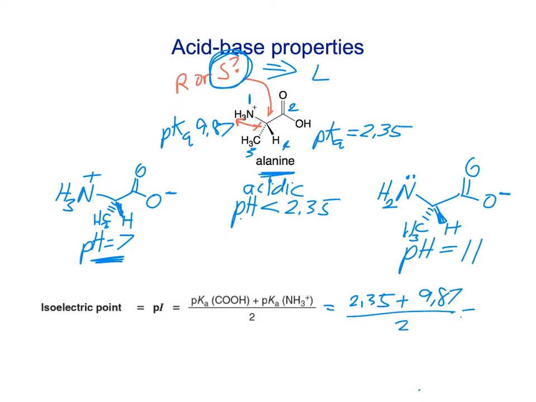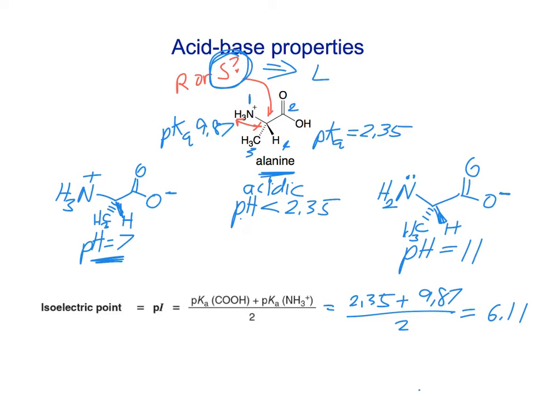We divide that by 2. We get a PI, or isoelectric point, of 6.11. Each amino acid is going to have a slightly different isoelectric point. Especially if you have a group that has, say, a carboxylic acid on it, we would be averaging in another pKa for a carboxylic acid. So that would lower the isoelectric point.